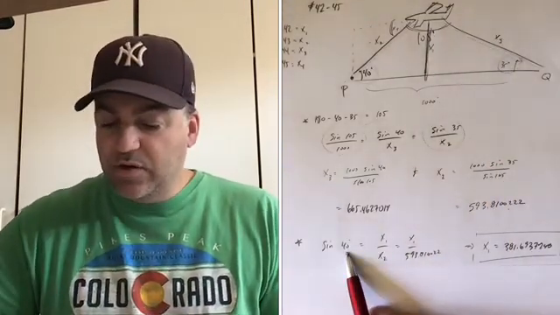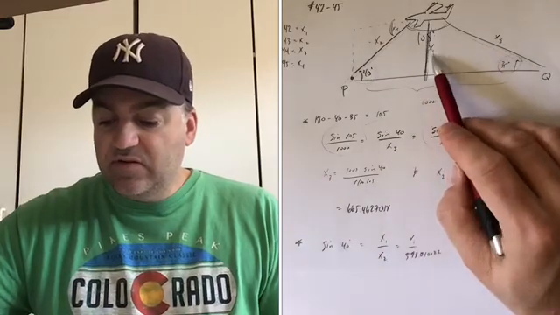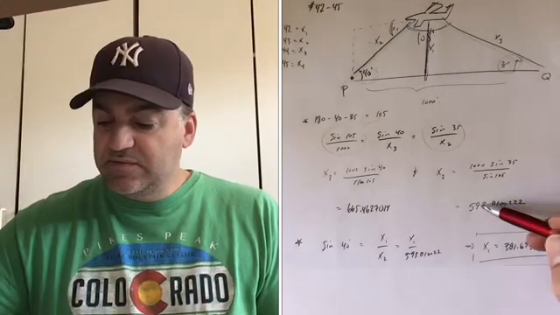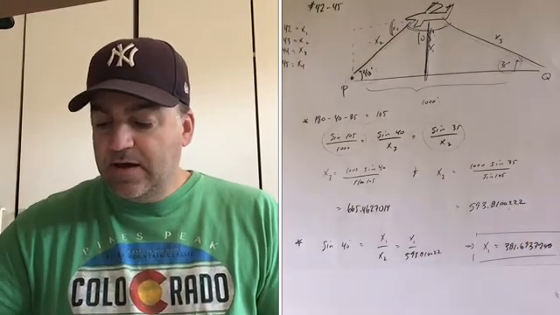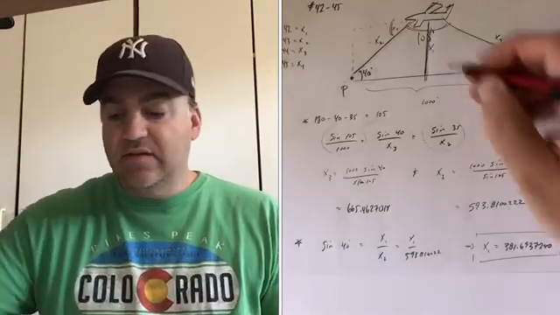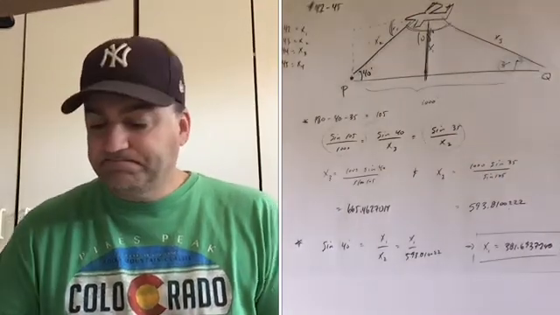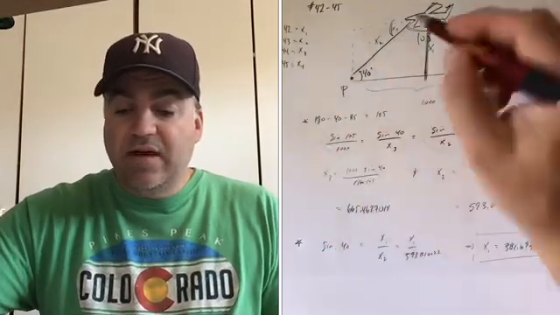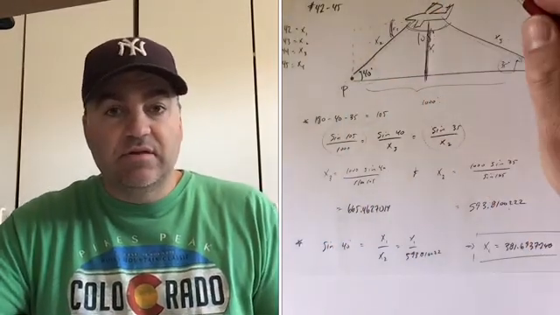I chose to do 40 degrees, so the opposite is going to be x1 over x2, which x2 was this 593. So I put that in there, cross multiply, solve for x1, and I get the height is 381. Cool.